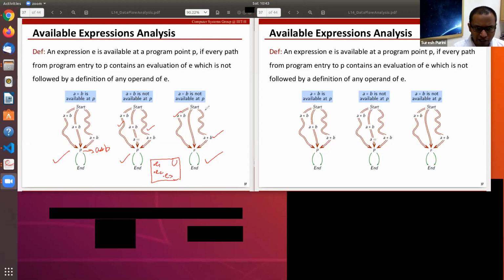We consider all the textual expressions which occur on the right-hand side of some statement, some tuple in the control flow graph. Otherwise, if you take arbitrary possible expressions, x plus y, if there are n variables, there are n possibilities for this operand, similarly n possibilities for this operand, and if there are k different operators, then k possibilities for the operator.